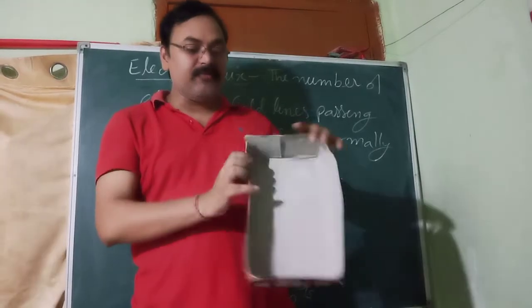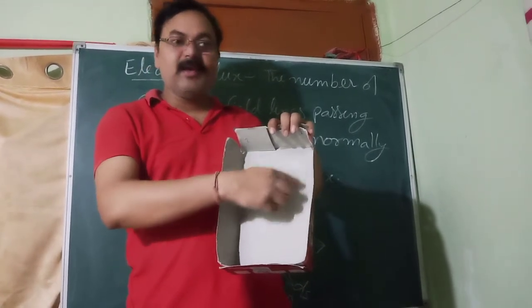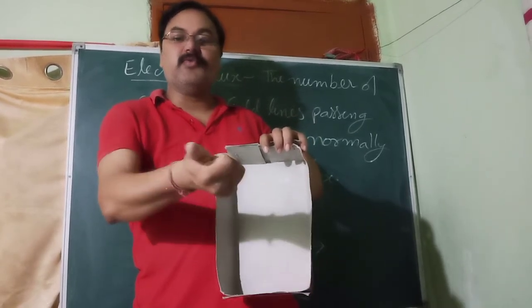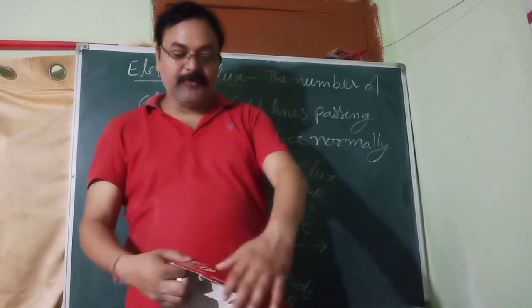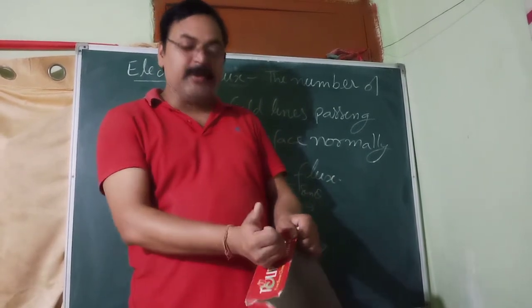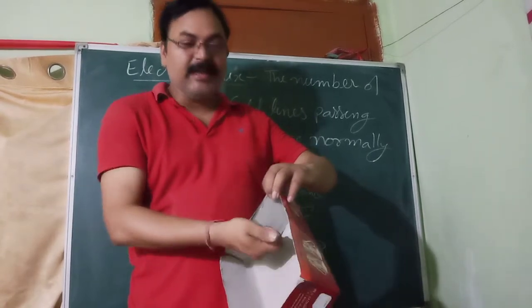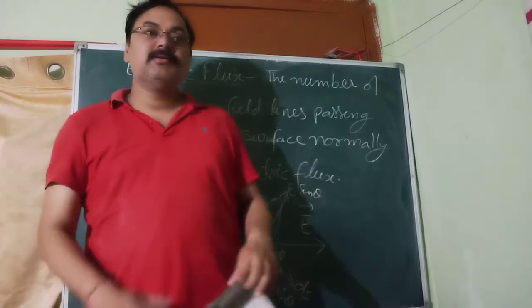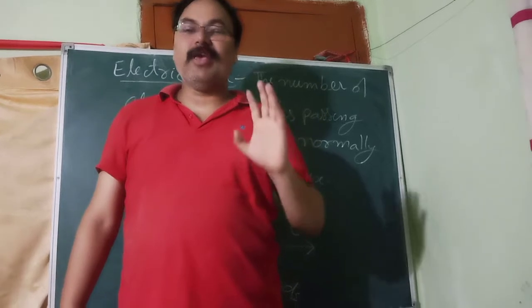For the area of this other surface, the direction is again perpendicularly outward, and like this for each surface. In this way we can indicate the direction of the area vector.